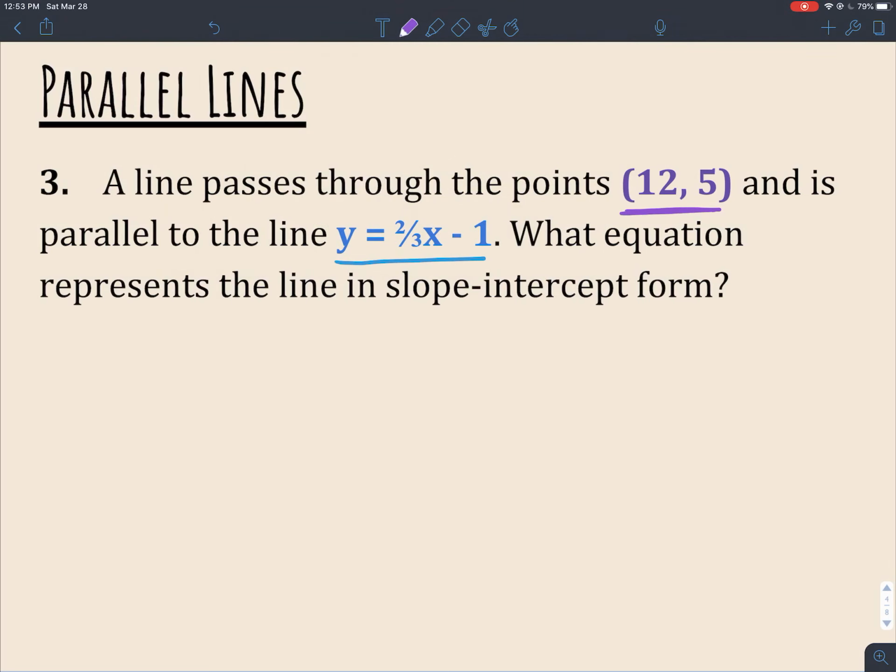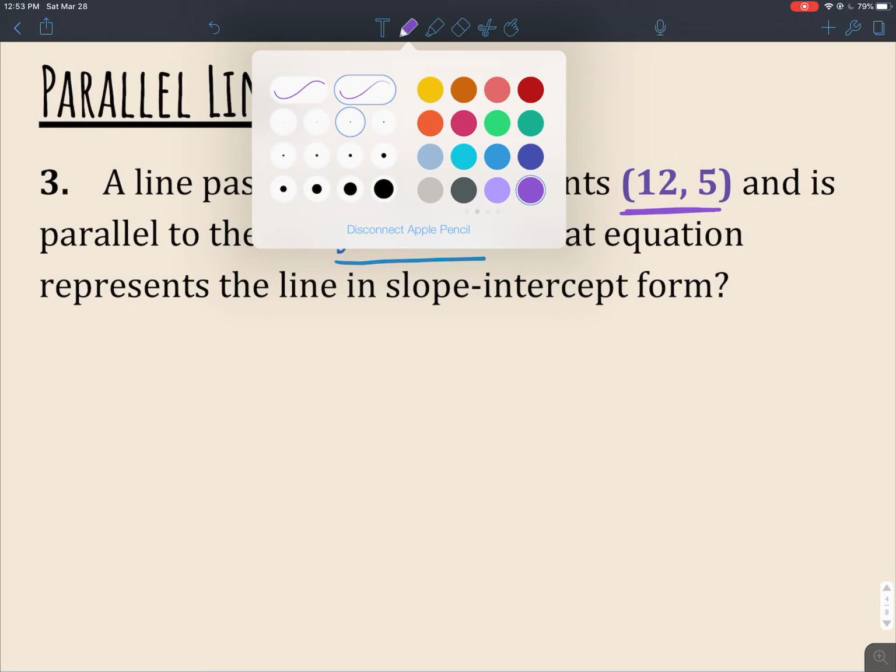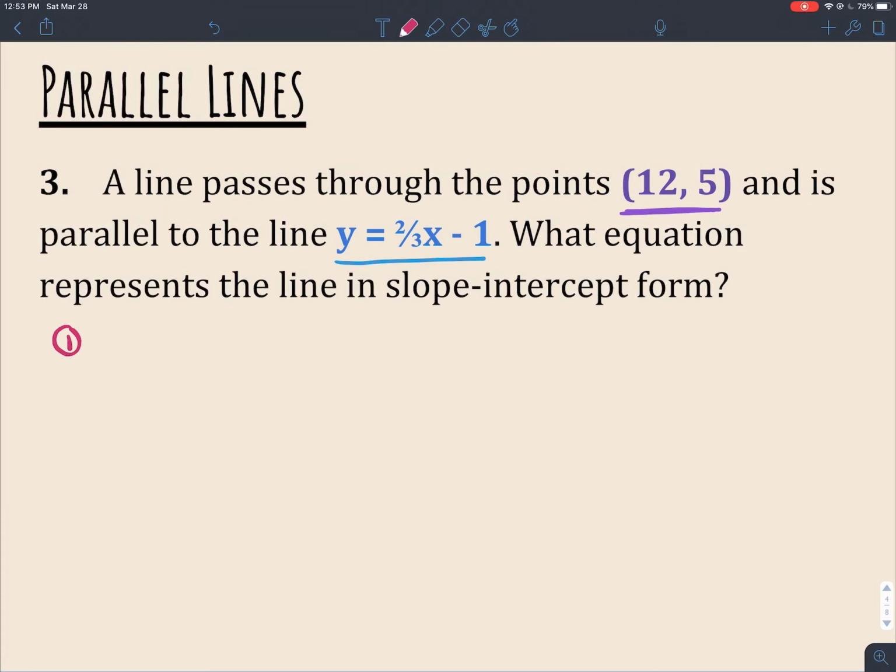The first thing we have to figure out is what is the slope? To find out, we go back into the equation that we're given: y is equal to 2/3 x minus 1. So in that equation, our slope is 2/3, and that's the slope we're going to use to find the new parallel line.